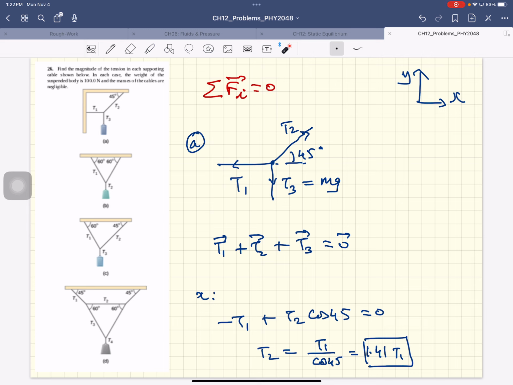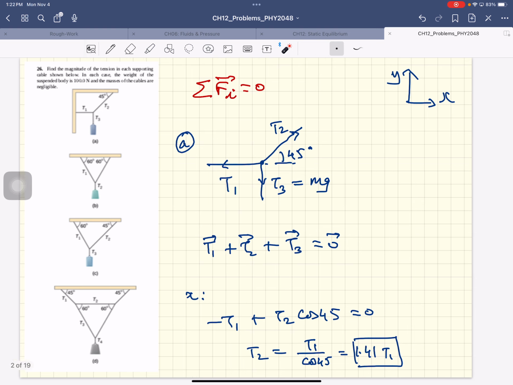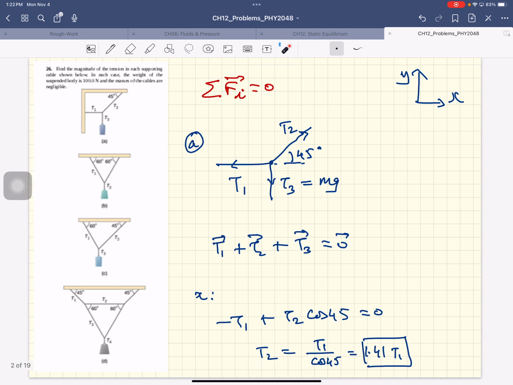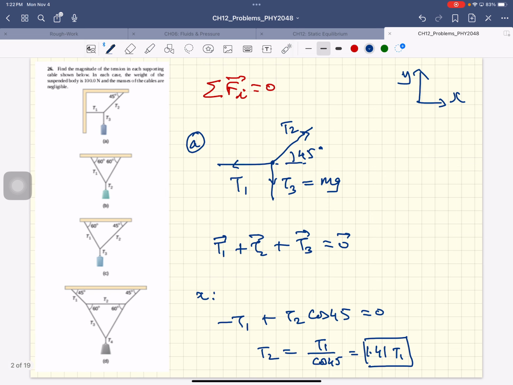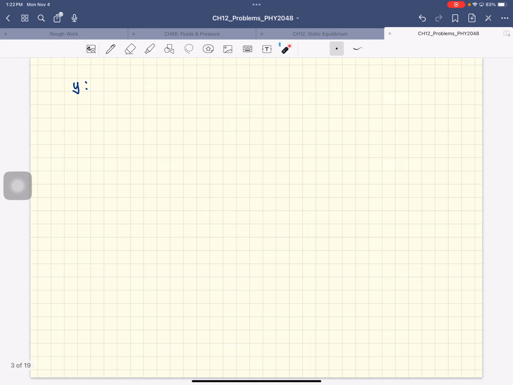Now let's look at the y equation. The y equation is T2 sine 45 minus T3 equals 0.